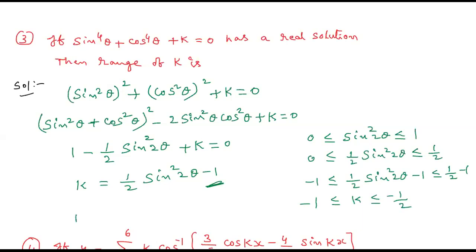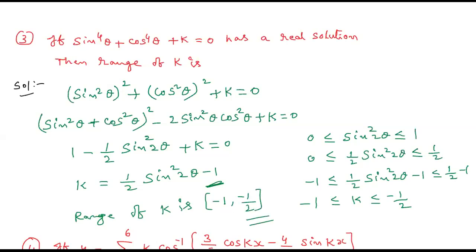Therefore, the range of k is the closed interval from minus 1 to minus 1 by 2. This is the answer.